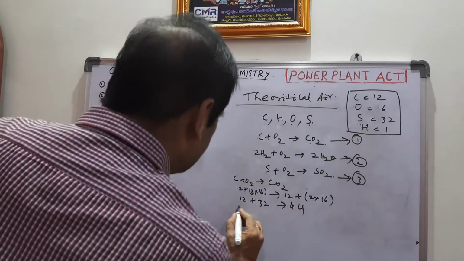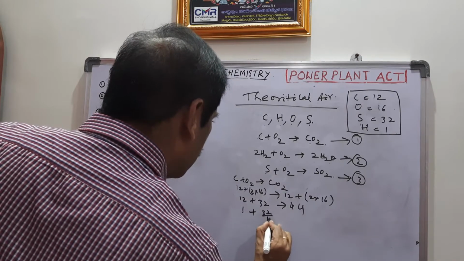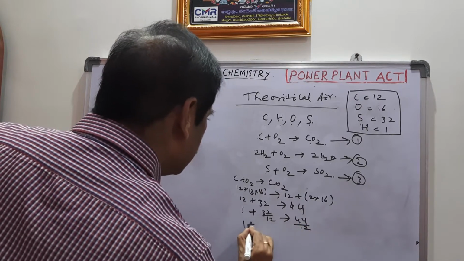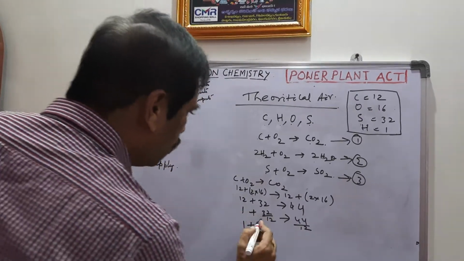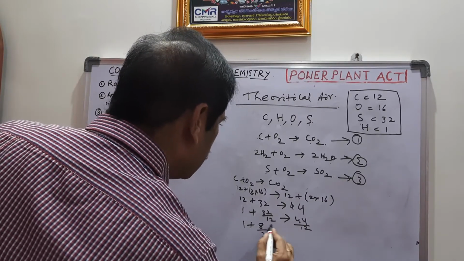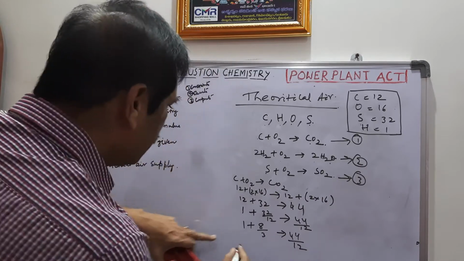So by dividing by 12, 1 plus 32 by 12 gives 44 by 12. Dividing by 4, this becomes 1 plus 8/3 equals 44 by 12. What does it mean?